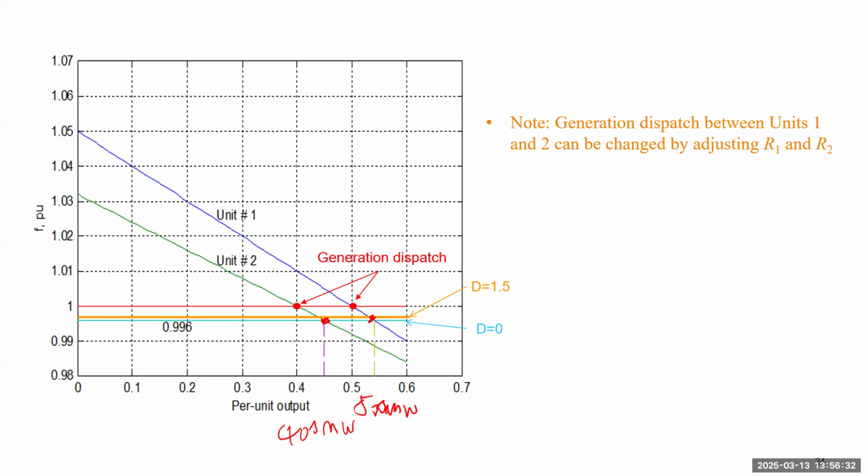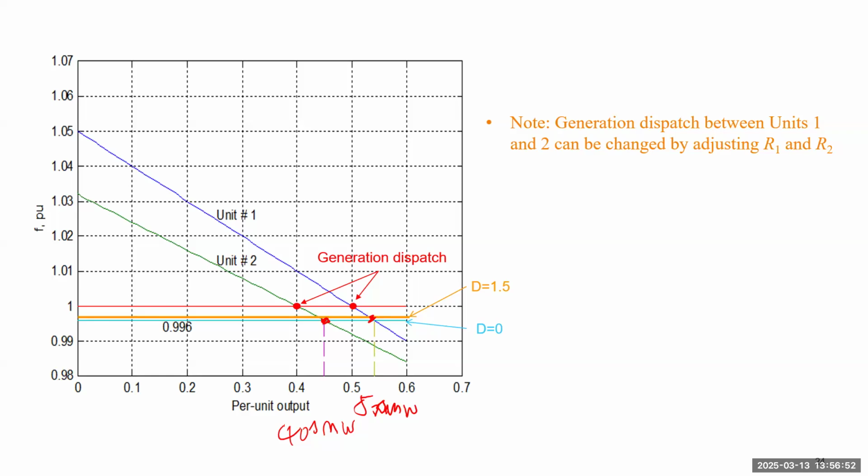So what I want to say with this figure is, when you operate the system at 60 Hertz, you can solve a generation dispatch or economic dispatch problem to find the optimal outputs of all units for the minimal fuel cost.